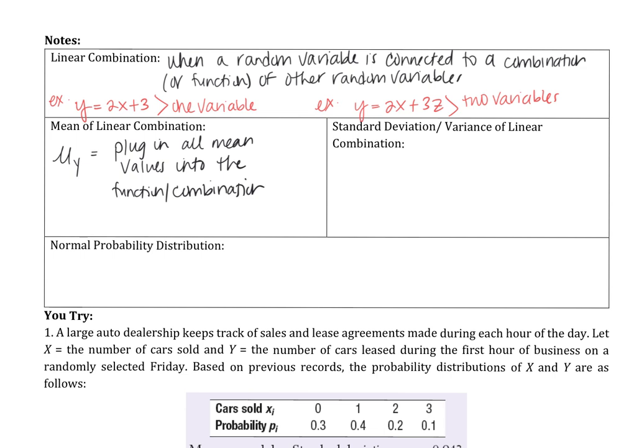And the standard deviation, or the variance of a linear combination, is a formula also. So the variance is sigma squared sub y. And what we do is we take the leading coefficient of the combination, we square it, multiply that by the associated standard deviation squared, or the variance, and we add that for each part of the combination, where a is a coefficient.